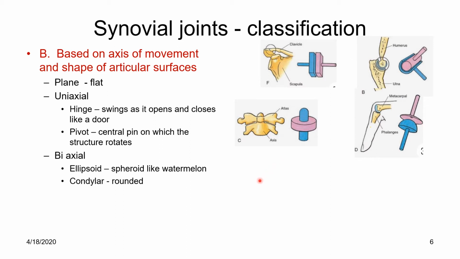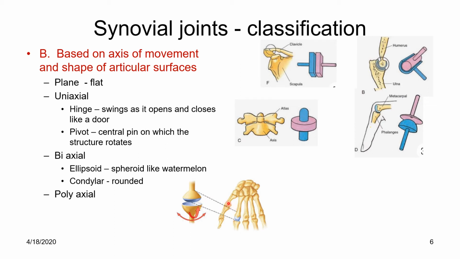Then there is the same ellipsoid, sometimes called the condylar also. Then it is the rounded shape you are seeing. Condylar means rounded joint.